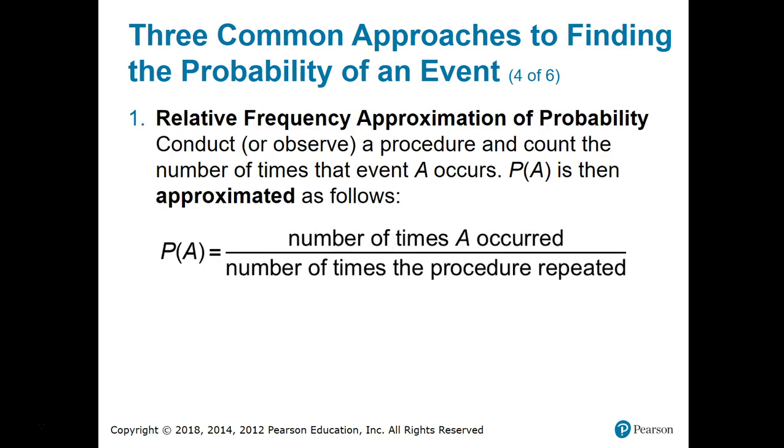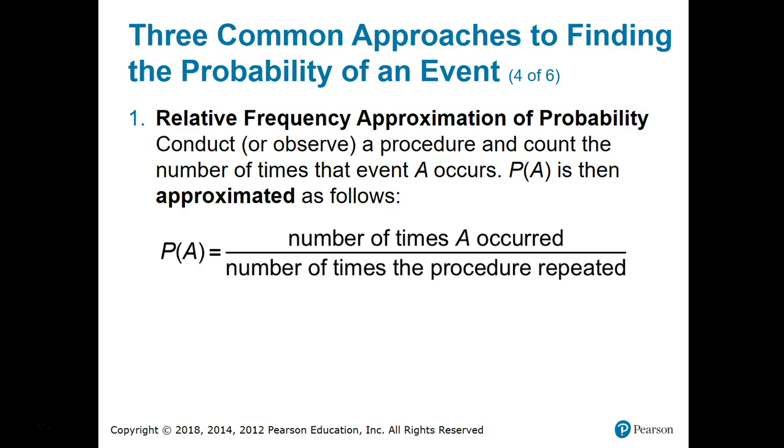All right. So how can we figure out probabilities? Relative frequency approximations of probabilities. So, conduct a number of independent experiments and see how many times the event occurs.